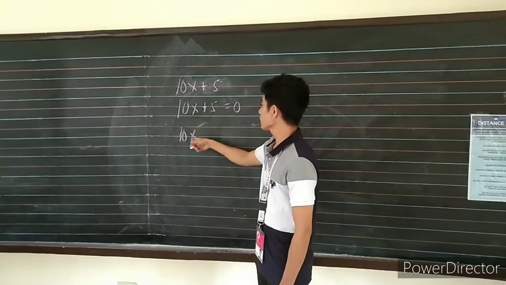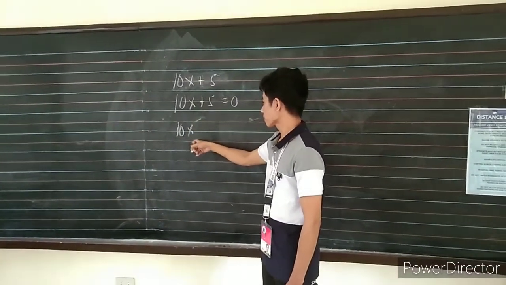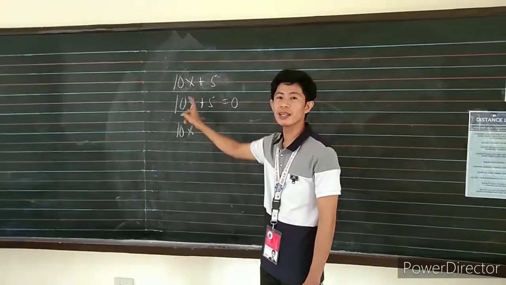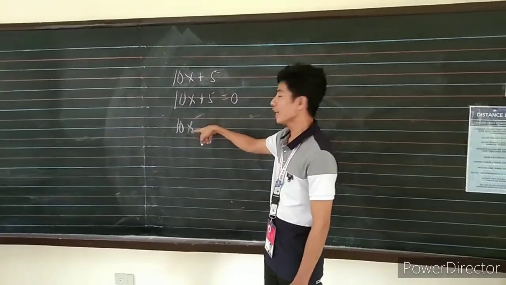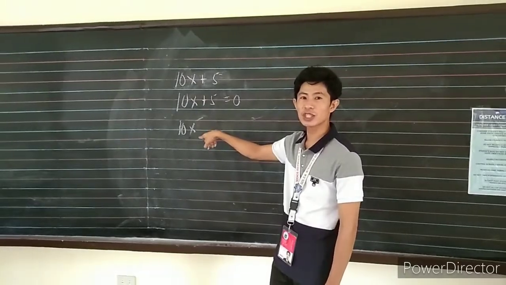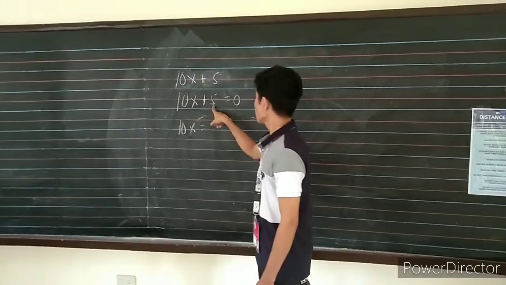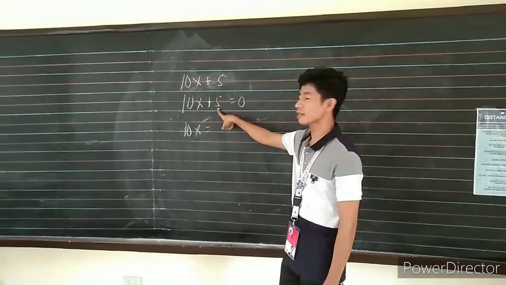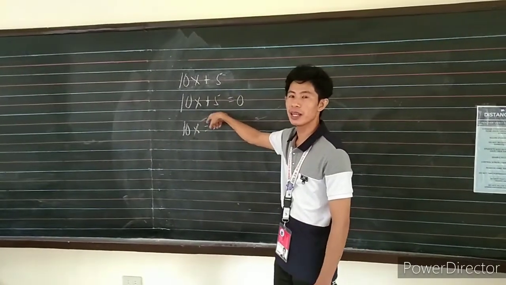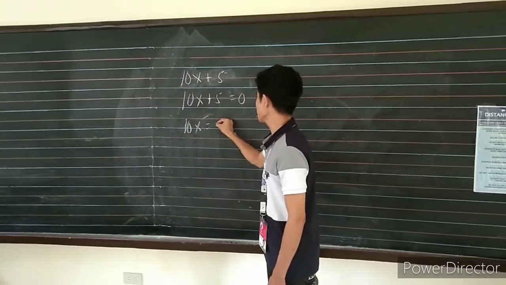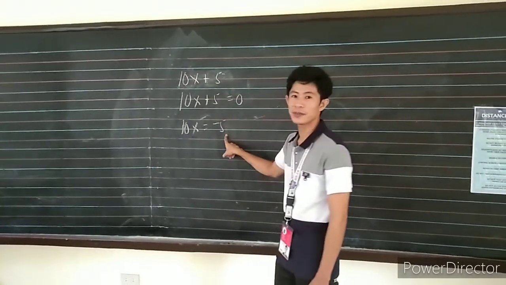And this time, we're going to retain the terms with the variable on the left side of the equation and the constant term on the right side of the equation. So, we're going to transpose positive 5 from the left to the other side of the equation. Therefore, it will become negative 5.